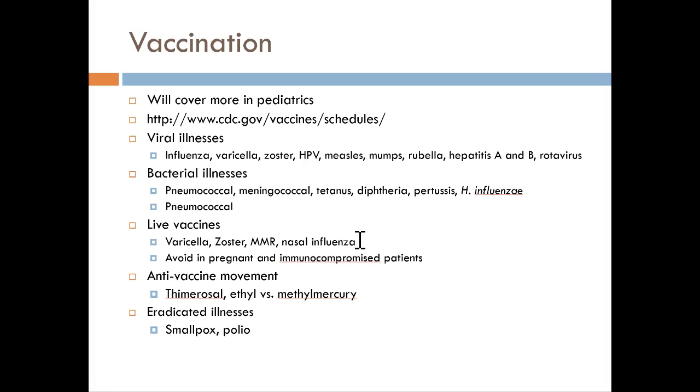You might hear people say things like, well, I believe I can get herd immunity from other people. I don't want to get the vaccine myself, or I don't want to vaccinate my kids because they don't need it. Well, some people actually can't get these vaccines. Like if you have a child who has childhood leukemia or something like that, they might be too immunocompromised to qualify for the MMR vaccine.